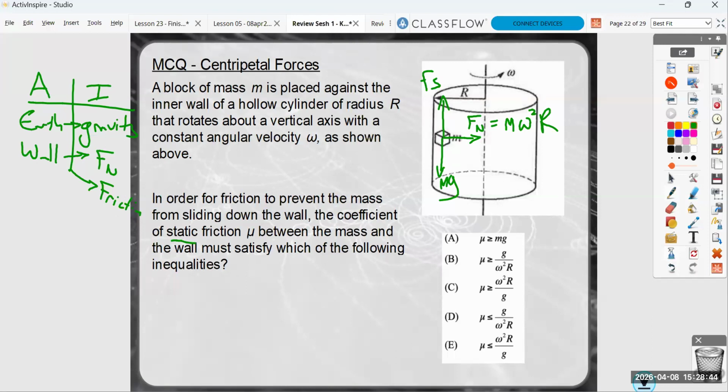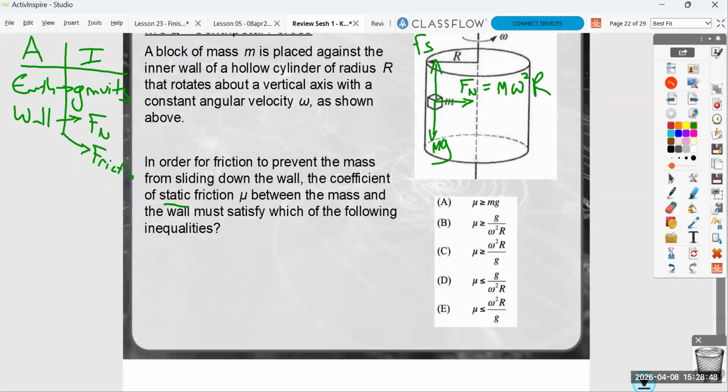What do I know about my friction force? It's equal to gravity. Now the thing is, static friction is a slippery beast. Static friction can be less than or equal to mu times the normal force. But I want my static friction to be equal to gravity.